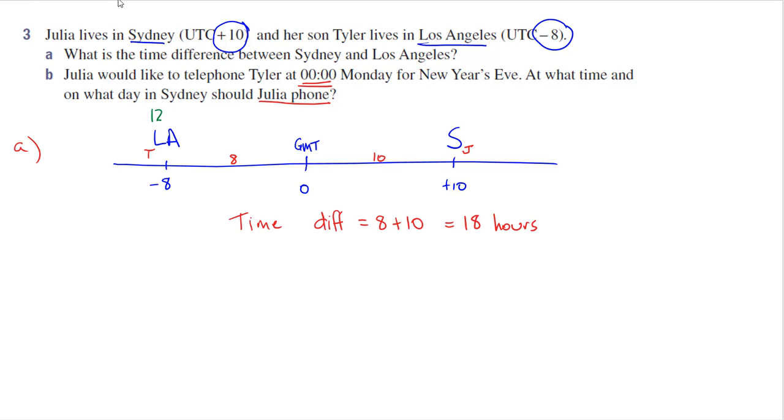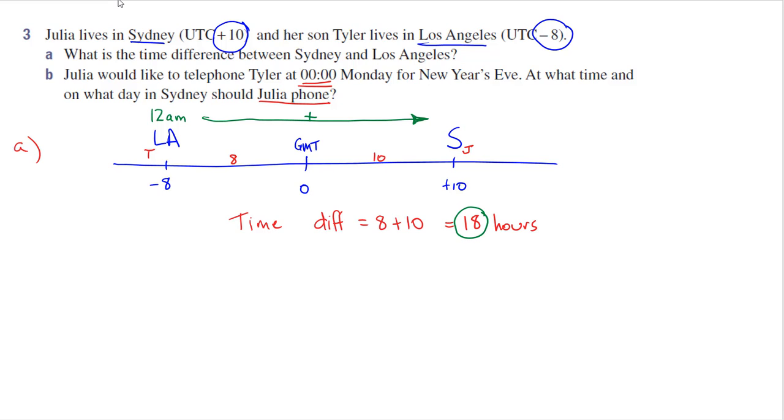So let's make this, I'm just going to work in AM PM time, so that's 12 AM. What's the time going to be in Sydney when she does that? So we want to know the time somewhere in this direction, going from left to right. So we're going to add the time difference on here, the time difference being 18 hours.